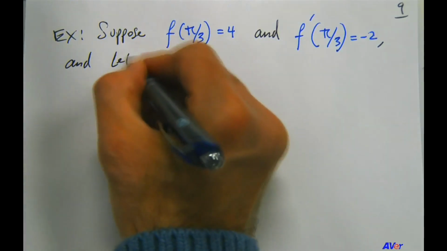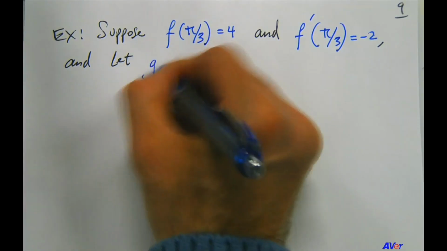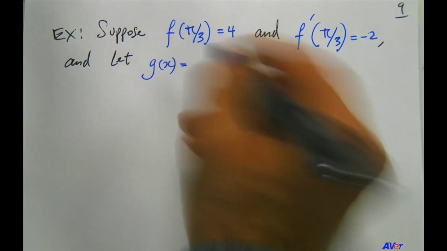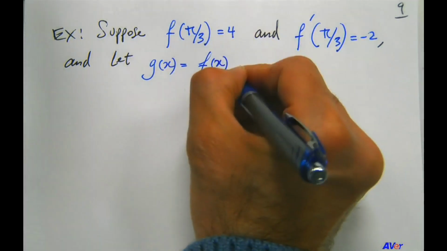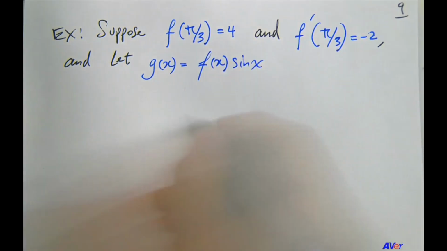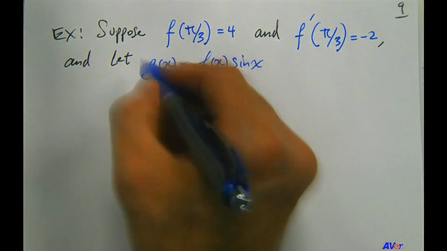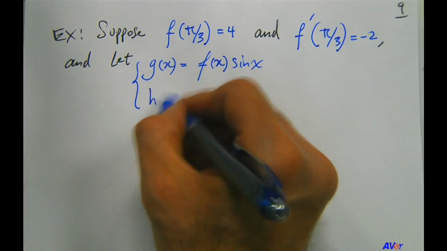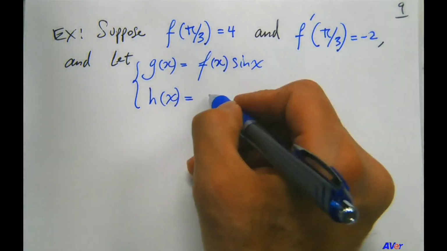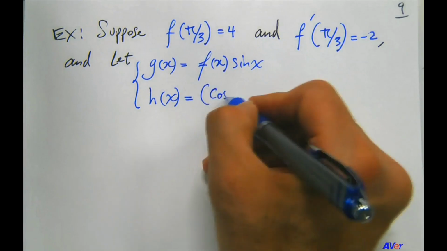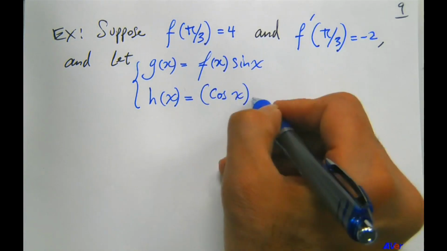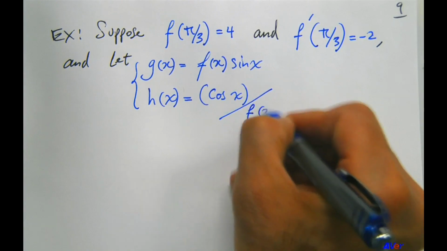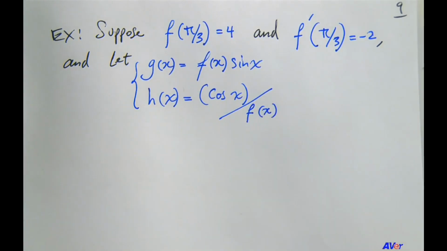And also, let us assume that there is a function g of x that is equal to f of x times sine of x. And let's say function h of x is equal to cosine of x divided by f of x. Okay? We may not have to use all this in this example, but this is what we have.